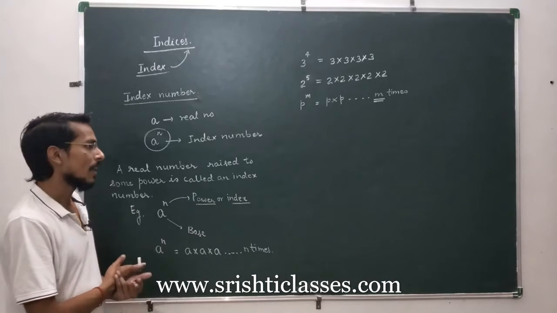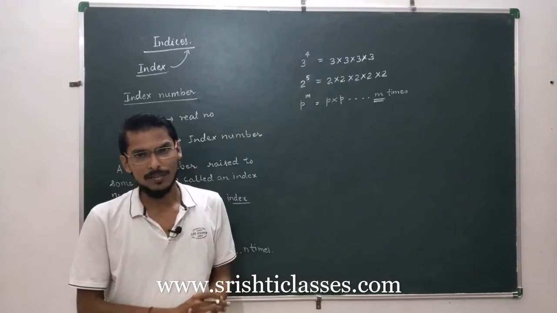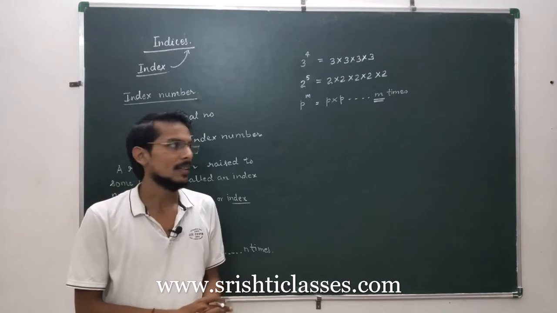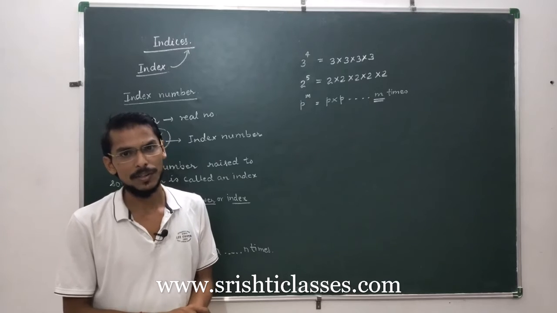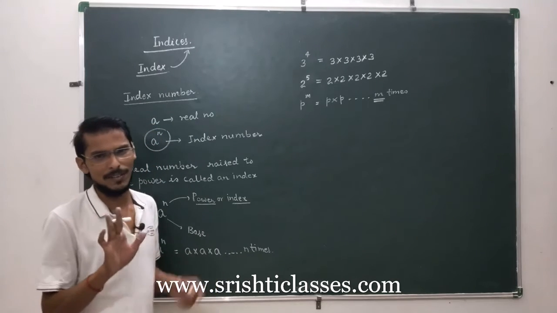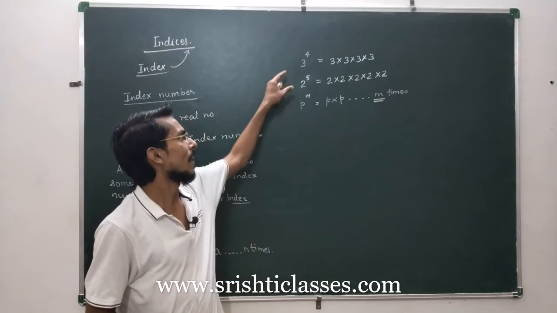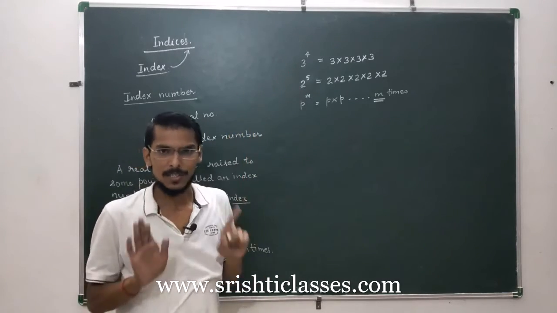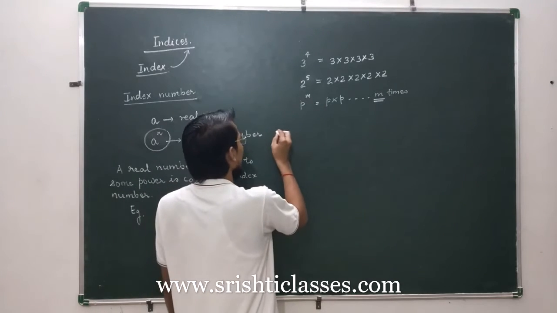Now in this chapter we will use some definite formulas to solve the problems based on indices. Those formulas are very simple. They are not very complex formulas. They are just derived from this type of expressions. So let us know about the formula.